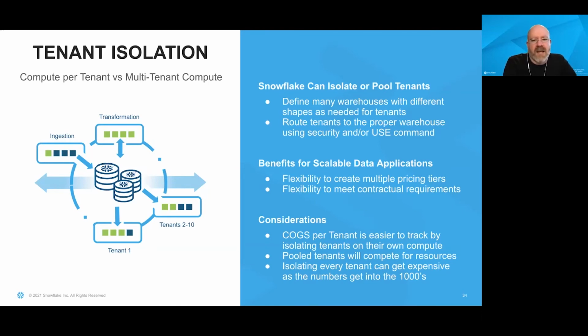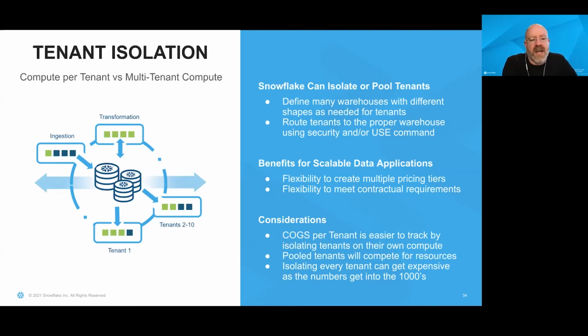Now, one thing you want to think about when deciding how to isolate your tenants or not is the USE WAREHOUSE command that we'll talk about a little bit later. That's how you can direct certain tenants to certain warehouses. And you also want to think about what's important to you in managing COGS. For example, in this scenario, it's really easy to understand the COGS of tenant 1 because they're on their own dedicated compute.